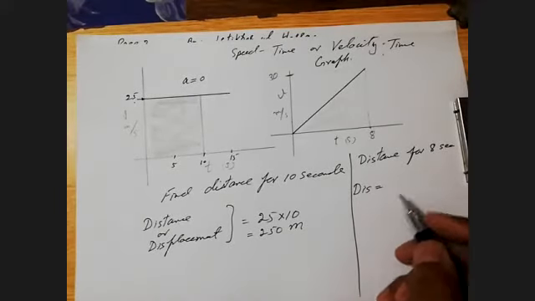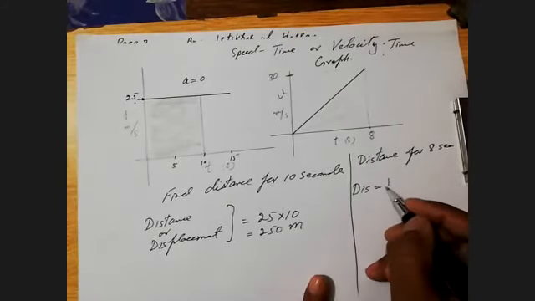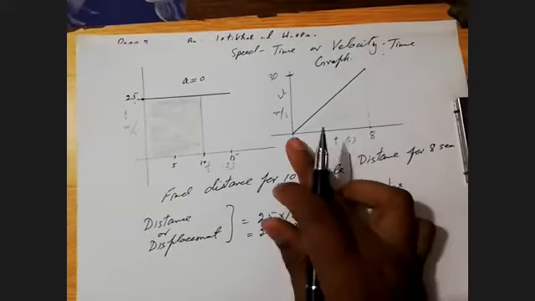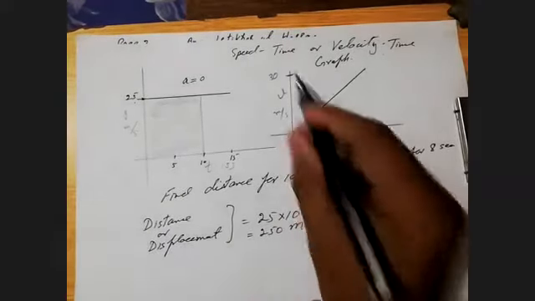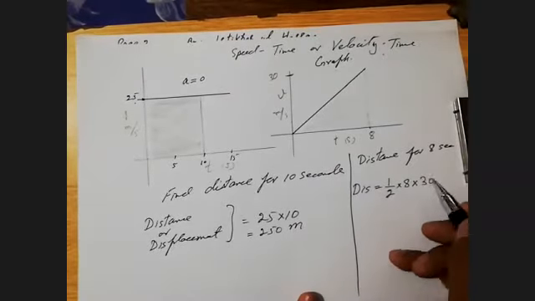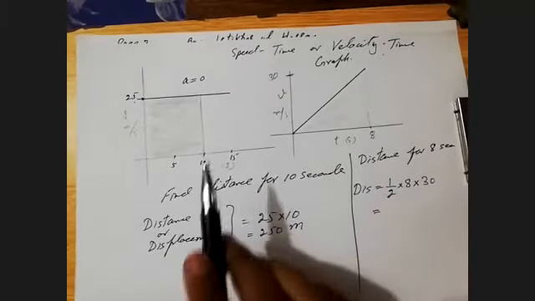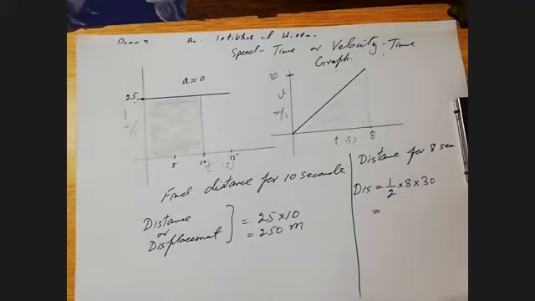You know the formula for the area of a triangle: half into base into height. The base is 8 seconds and the height is 30. Whatever the shape can be seen, you will have to apply the formula of that shape to find out the area.